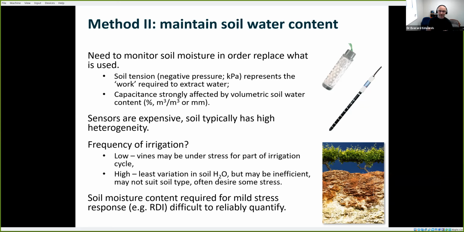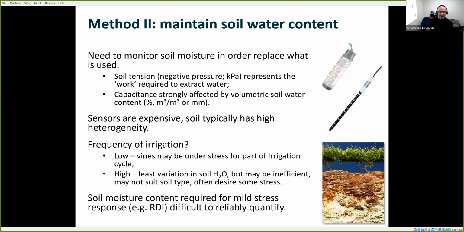So normally we're using soil moisture sensors to estimate how much water is in the soil, and there are two types of these. One of them will measure soil tension, the old gypsum block type of system. Now this is great in that it represents the actual way the plant sees the water in the soil. The downside is you can't take your soil tension measurement and simply estimate a number of millimeters to refill that soil back to where it was on a previous day.